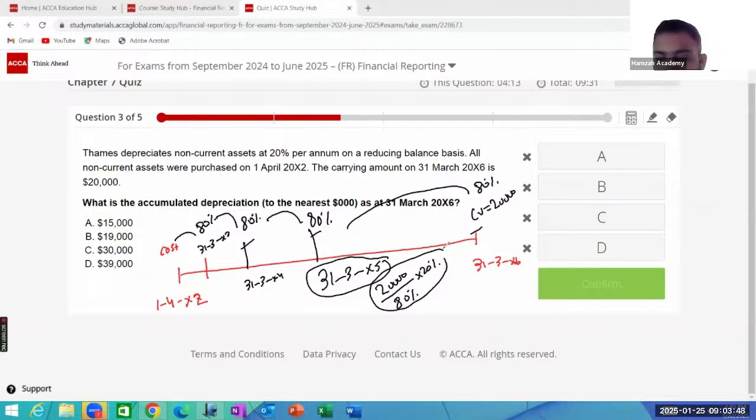Can you solve it? 20,000 divided by 80, multiplied by 100. What is the answer?